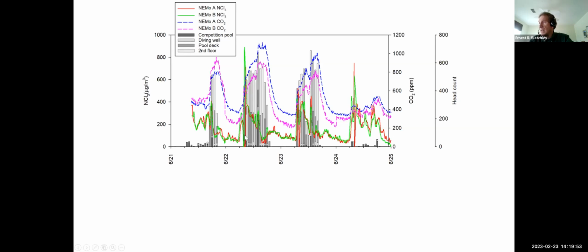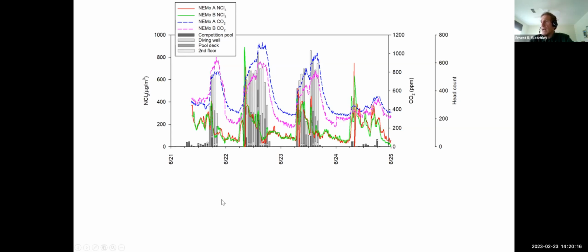And those illustrate the dynamic behavior of gas phase trichloramine. The dashed, I guess this is pink and blue lines, represent gas phase carbon dioxide. And then the vertical bars represent the number of people that were present in the facility, either in the water or on the pool deck.